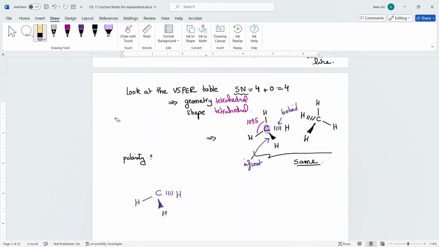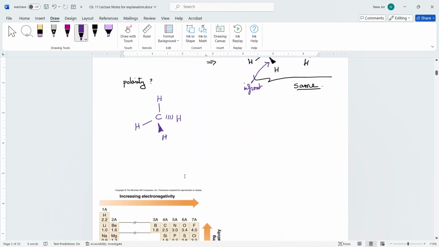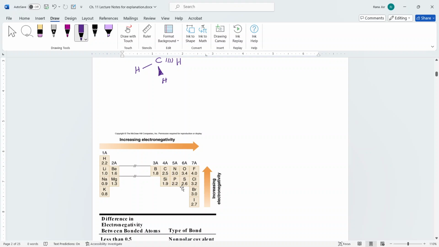If you don't draw the geometry or the shape, then in this case, your polarity is going to be wrong, okay? Now in order to determine if the molecule is polar or not, polarity means the movement of electrons. So we want to check if the electrons move or not. To do this, we need the electronegativity table. With the electronegativity table, you see which element is the most electronegative element.